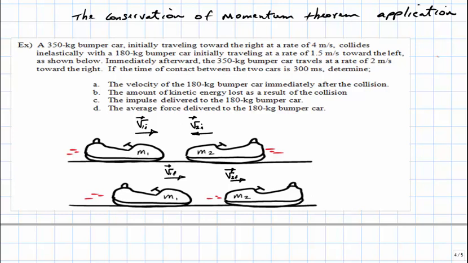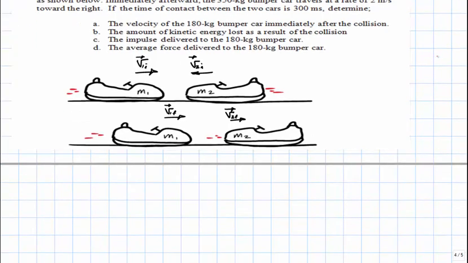We will now apply the conservation of momentum theorem toward determining the final velocity of the second bumper car. Let's abbreviate conservation of momentum from this point forward simply as COM.